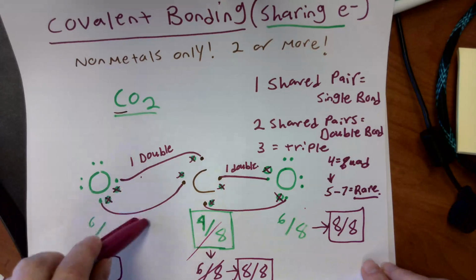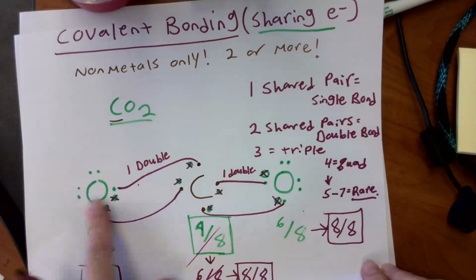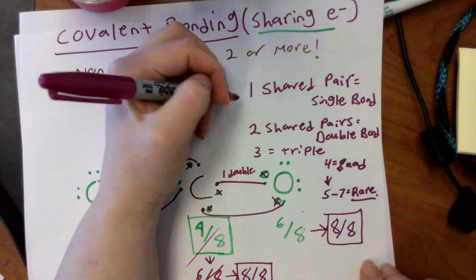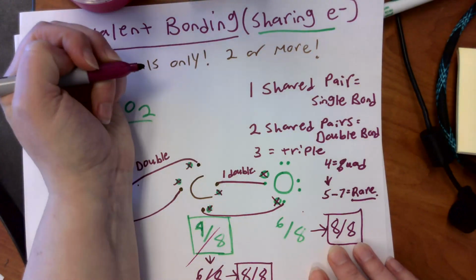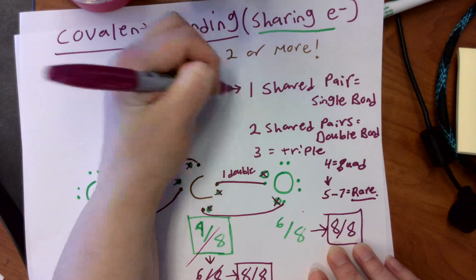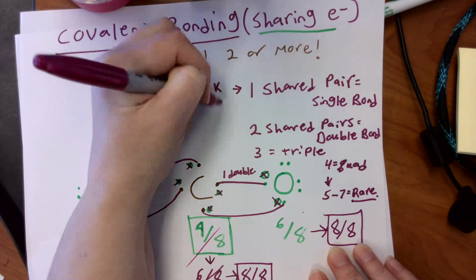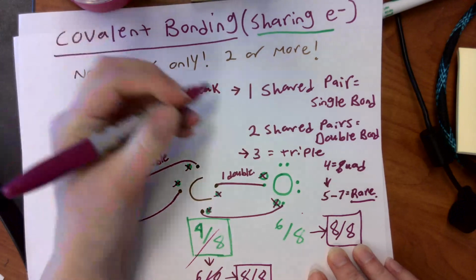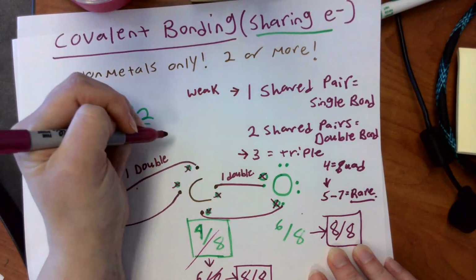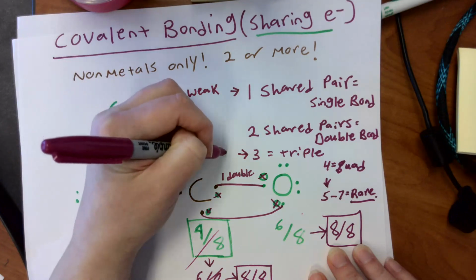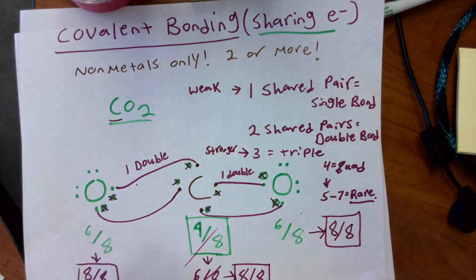And when we have a certain amount of bonds between 2 atoms, they have a name, and that also talks about the strength of the bond. Your 1 shared pair is fairly weak, whereas things that have bonds between more than 1 are stronger bonds. Okay?